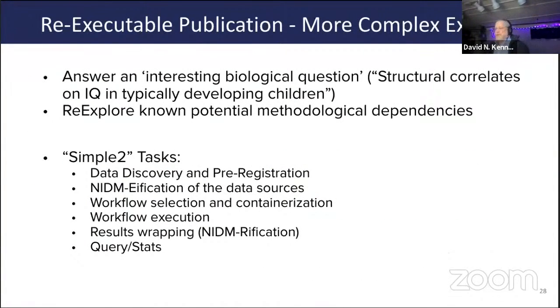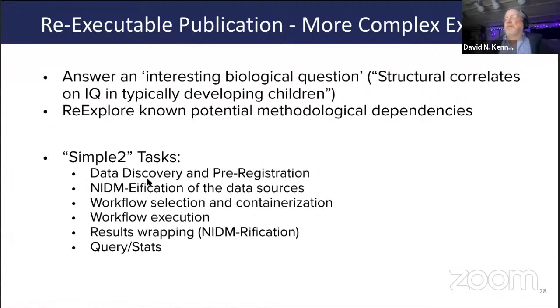So a more complex example that I'll end on here is trying to do that same thing, but actually do it in a biologically interesting thing. So we searched the literature for IQ in typically developing children, and discovered 3 different papers that did some observations of IQ and structural variables. So we need to discover our own data that's appropriate for that.